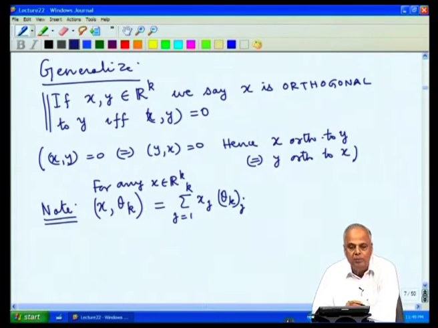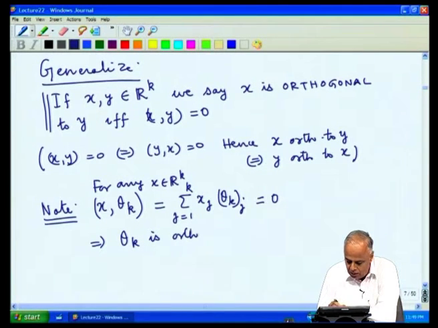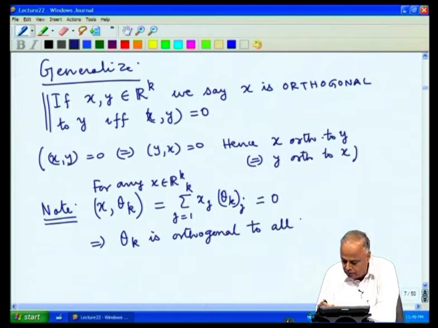But the jth component of θ_k is all 0 and therefore, that is 0. So, that implies θ_k is orthogonal to all the vectors in R^k.